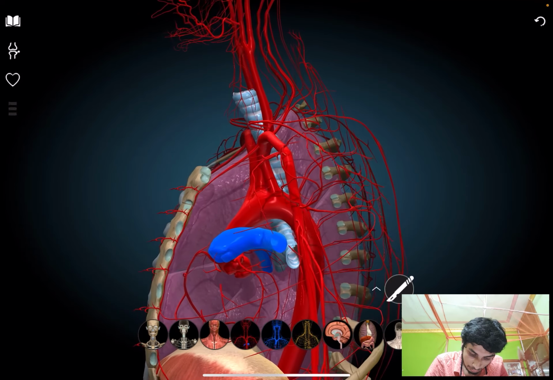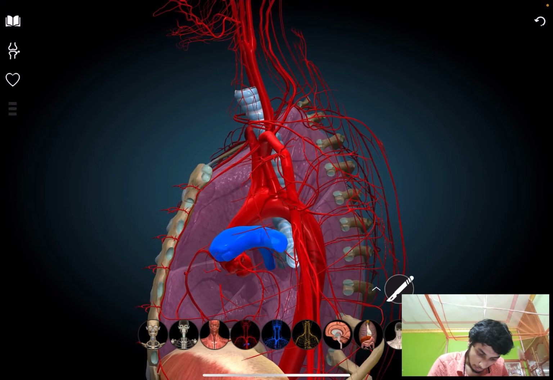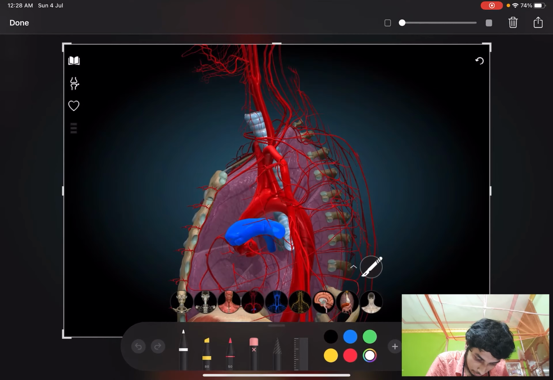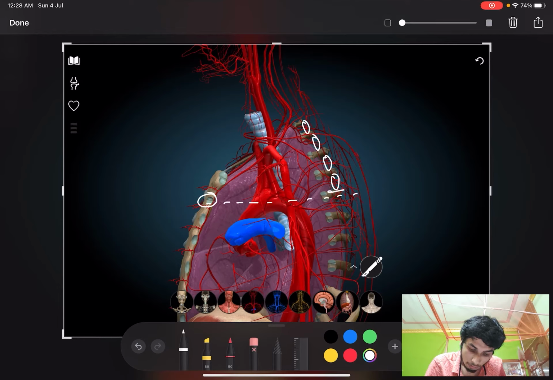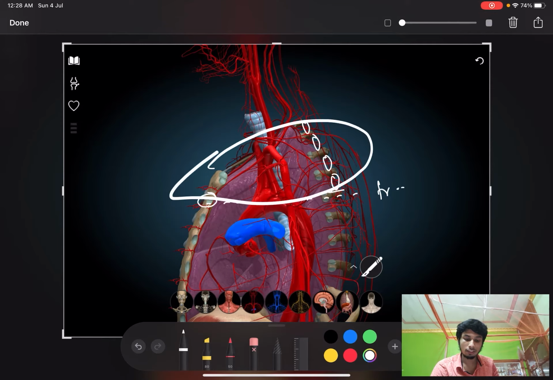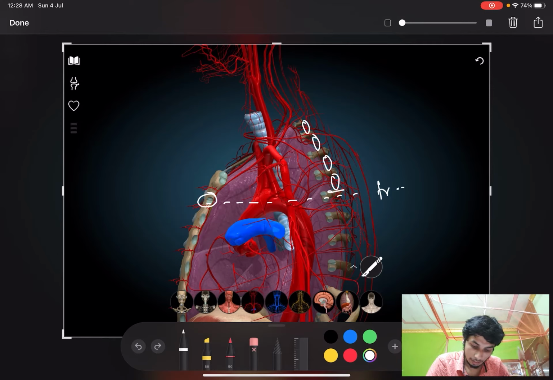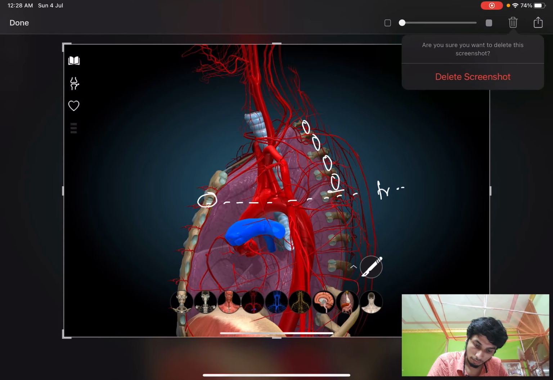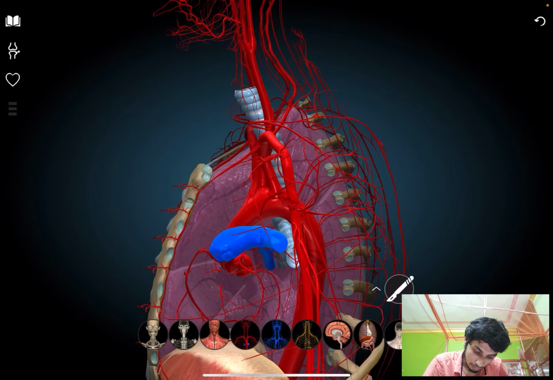As you can see here, this is the sternal angle, T1, T2, T3, T4, lower border of T4. So around this level will be the transverse thoracic plane. So this area will be the superior mediastinum. Now see the contents.